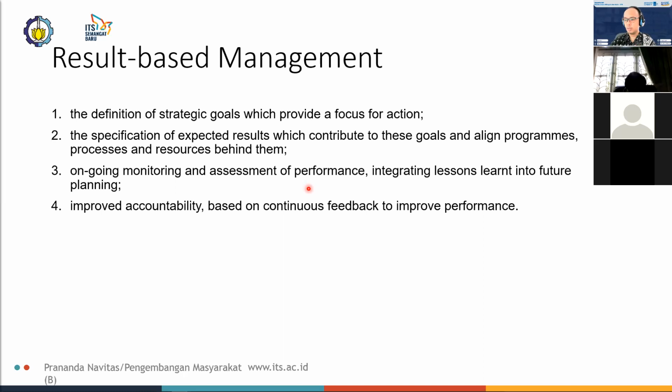And the fourth pillar is improved accountability based on continuous feedback to improve performance.